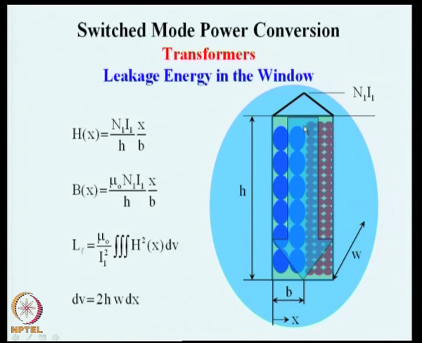At b, it is maximum N1I1, at any other distance x, it is N1I1 into x by b. That divided by the leakage path length h is the magnetizing field, and the flux density is the field multiplied by mu.